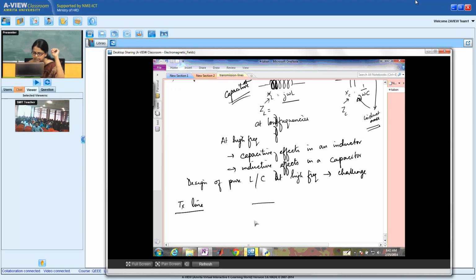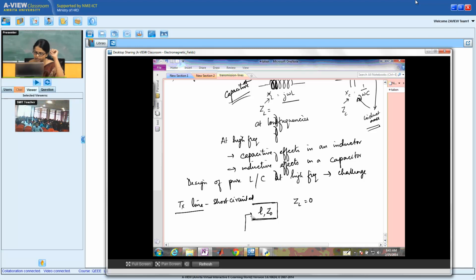Let us say you consider a transmission line of length L and you are short circuiting it, which means ZL equals 0. A transmission line that is short circuited. I have taken a finite length L with Z0 as the characteristic impedance.